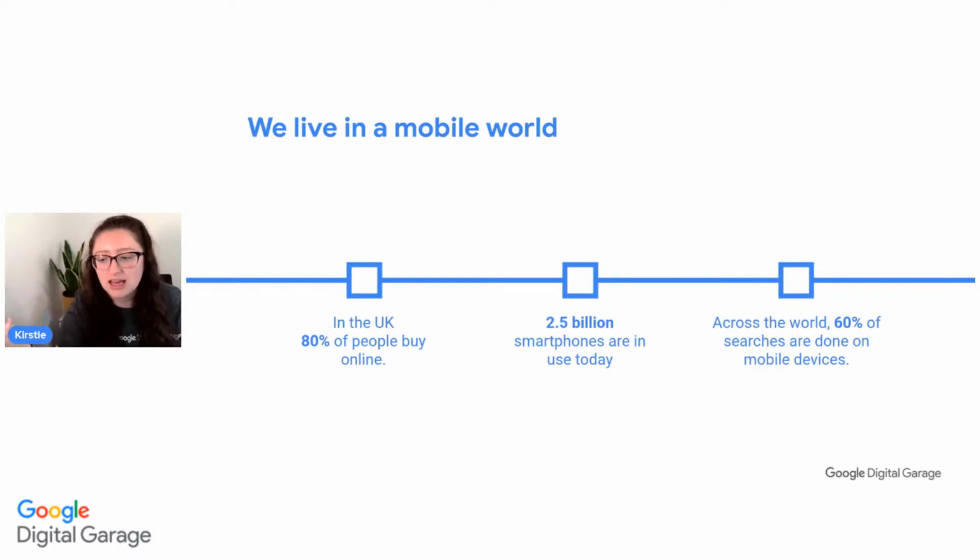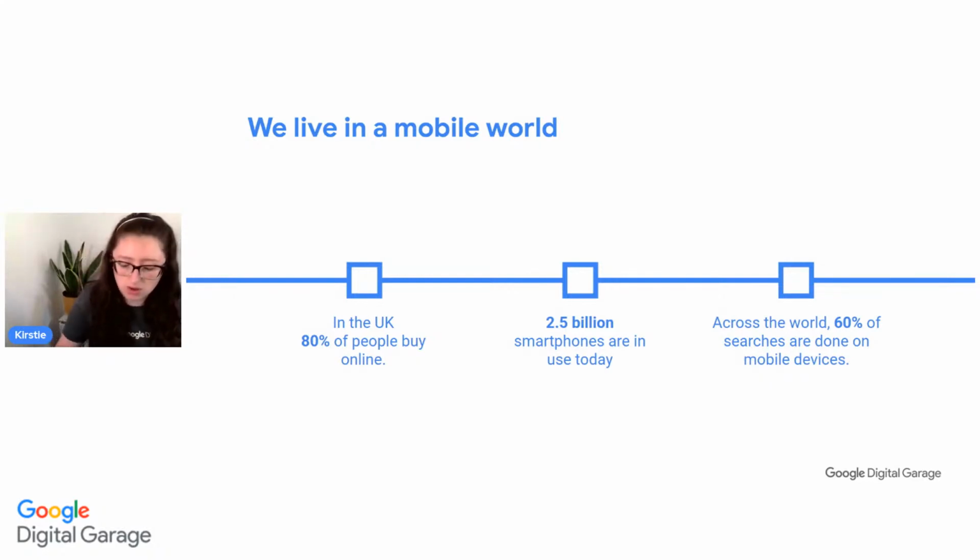Now, when we start thinking, okay, 60% of searches are done on a mobile device, this starts to impact actually all of the reach comments that we were making earlier. Because, okay, we've got this online presence, but actually something we're going to focus on and talk about today is this mobile presence, is this presence online optimized for the 60% of searches that are being done globally on a mobile device?